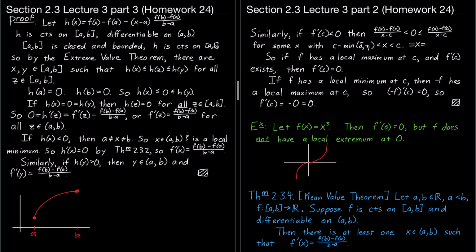And then the mean value theorem says if you take the line through (a, f of a) and (b, f of b), then you can find some point where the slope of the tangent line, better known as the derivative, is the same as the slope of the secant line.